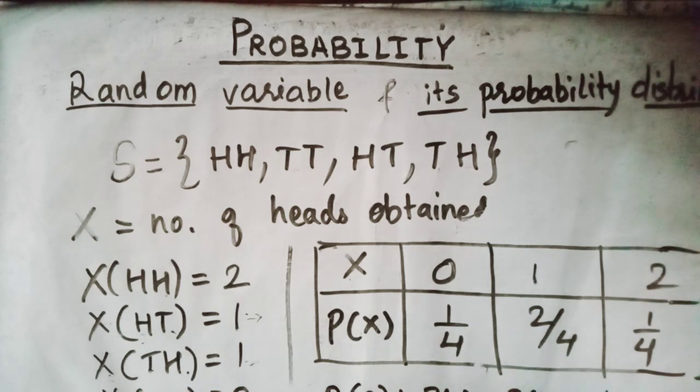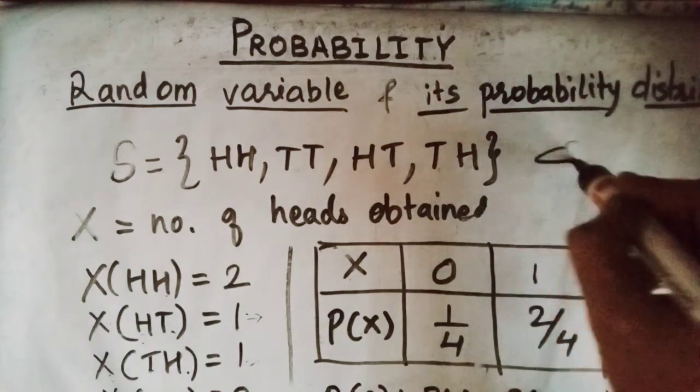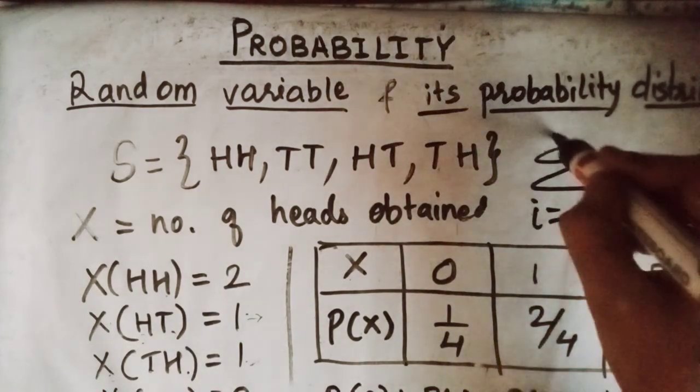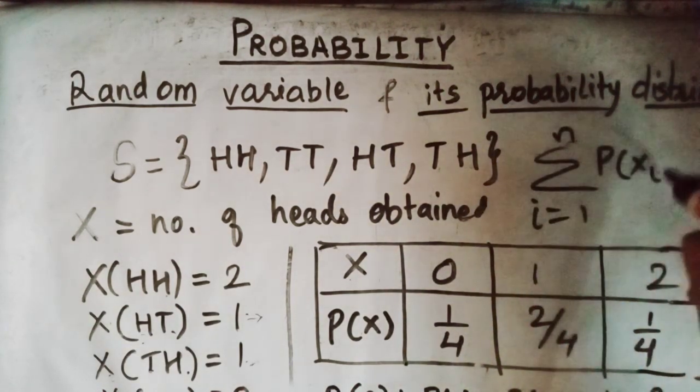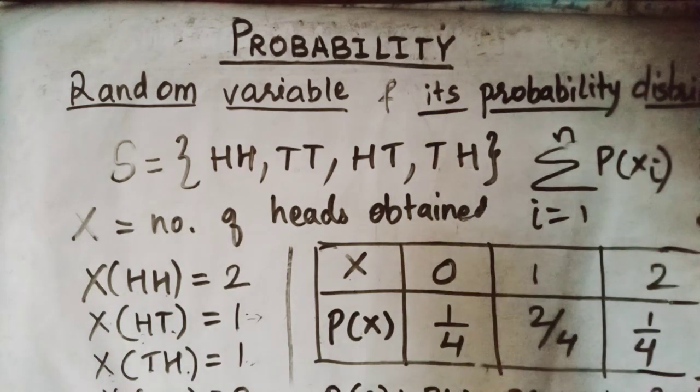So it is 1 by 4 plus 2 by 4 plus 1 by 4. This comes to 4 by 4, which is 1. So we are right. It should be 1. So we write the probability distribution of a random variable as summation i from 1 to n of P of xi, and it should be equal to 1.